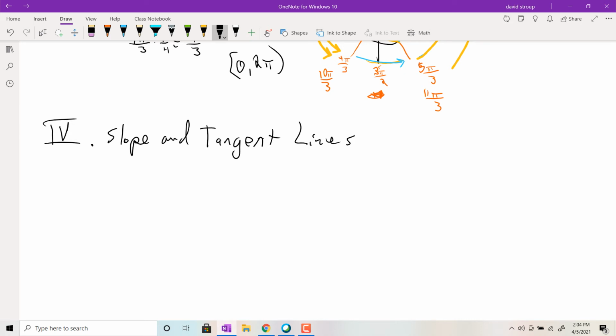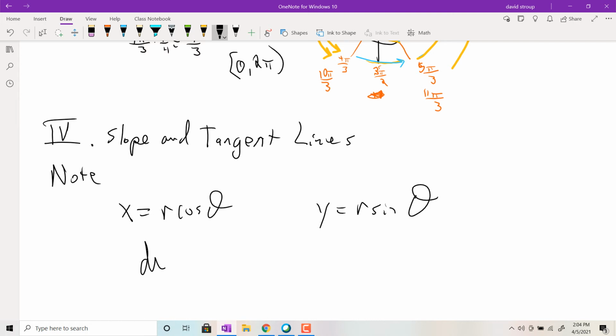Okay. So note our x formula is r cosine theta, and our y formula is r sine theta. So to get the derivative equation, all I have to do is take the ratio of the derivative of y with the derivative of x with respect to theta.